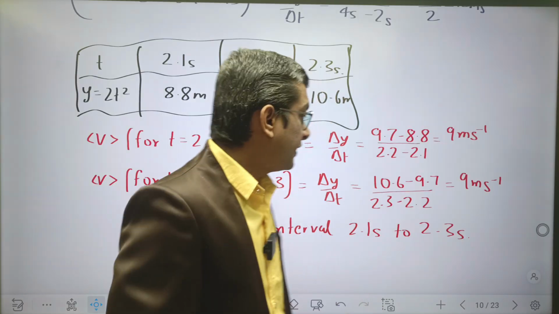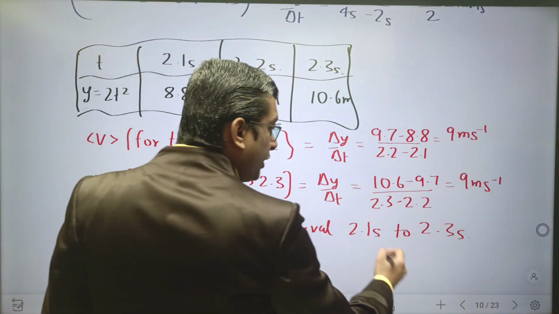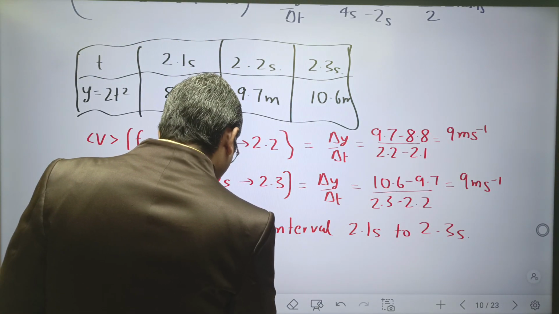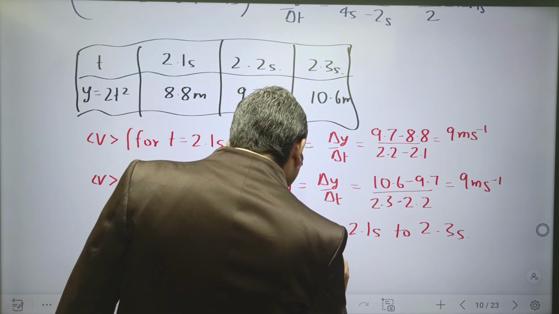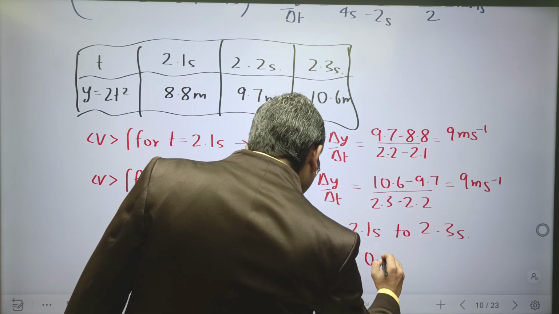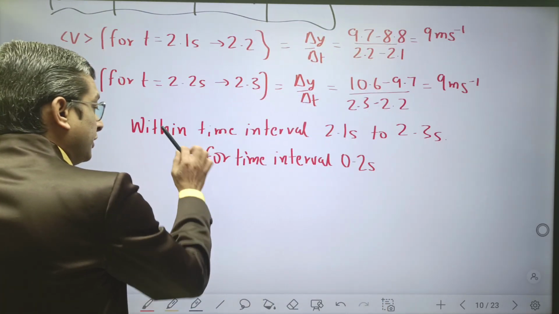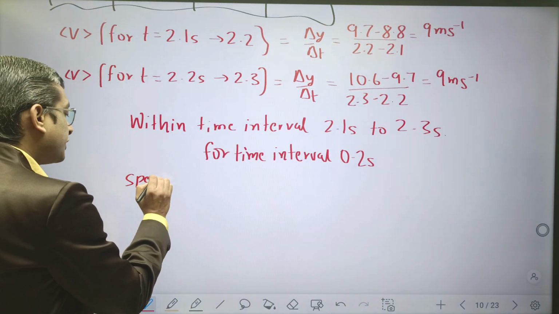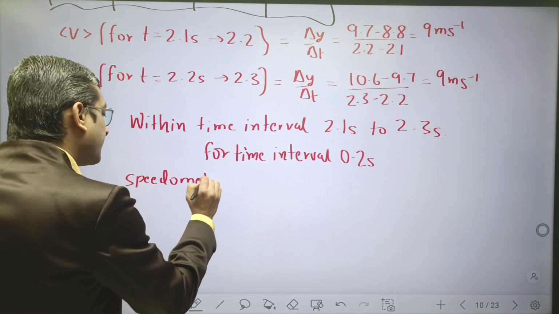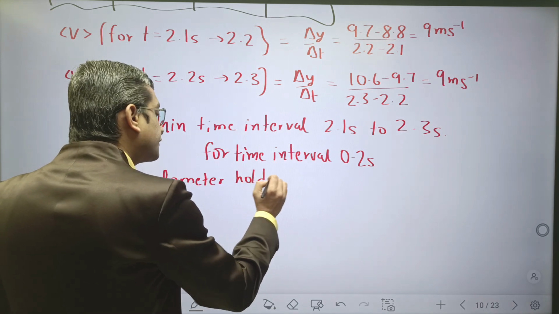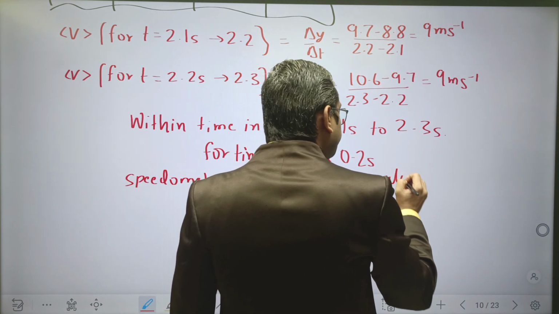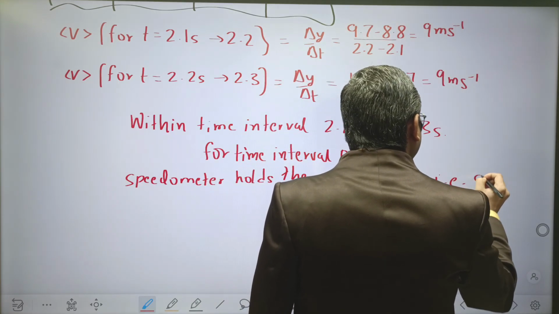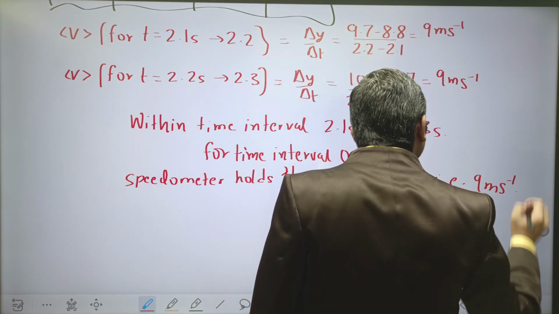It means that for a time interval of 0.2 seconds, very important line, the speedometer holds the same value, that is 9 meter per second.